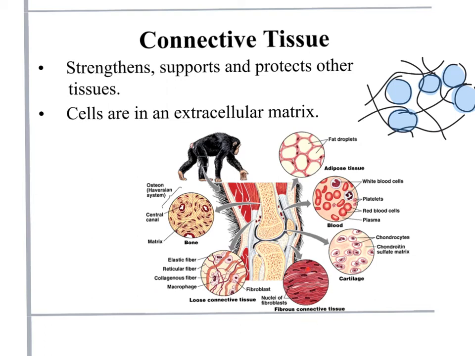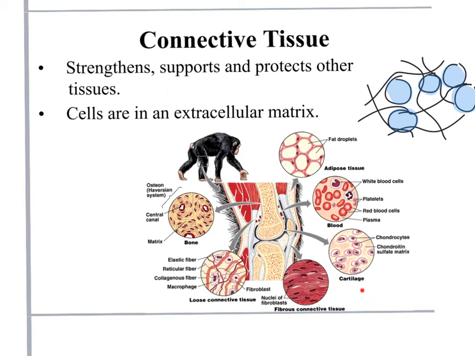As you can see, it's also much more orderly. The loose connective tissues are very flexible and are often found under the skin, whereas fibrous connective tissues are a little bit more rigid and make up things like tendons or ligaments.